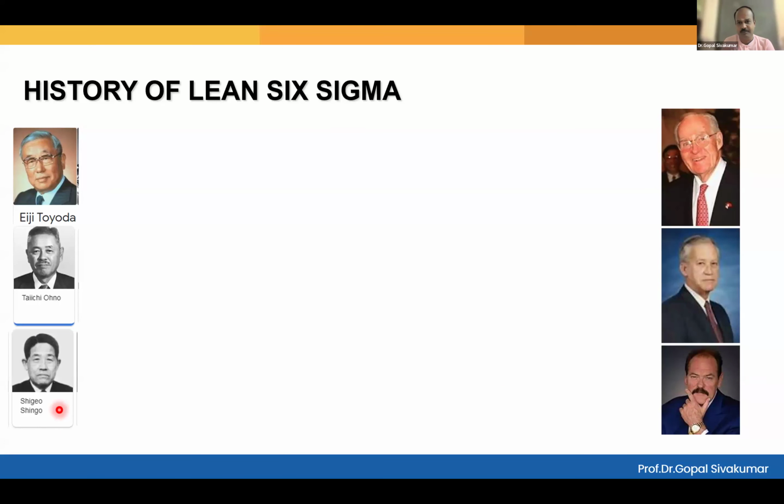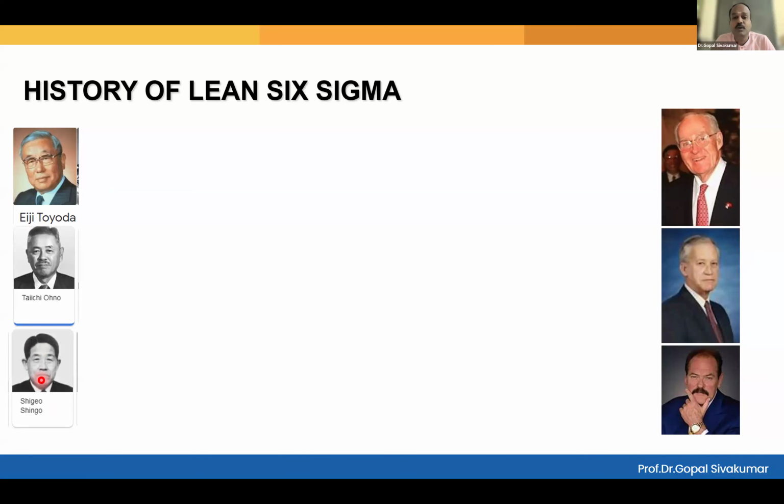On the right side, the first one is the CEO of Motorola, Robert Bob Galvin. The second one, the engineer inside Motorola, Will Smith. The third one, the statistician inside Motorola, Dr. Michael Harry. So they are the architects behind the Six Sigma approach.